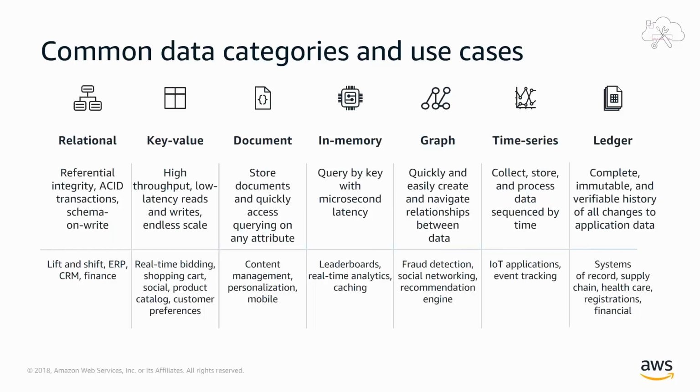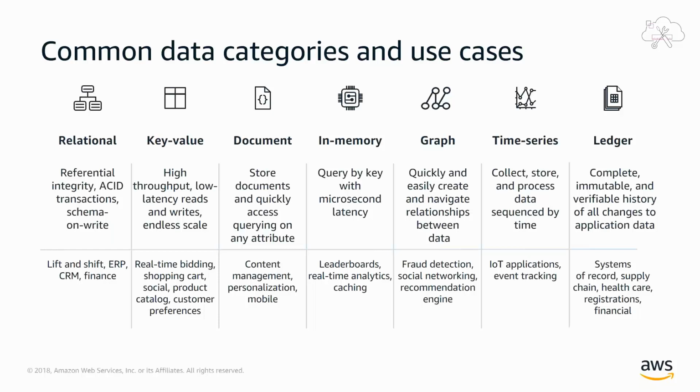It may be a little bit of overkill in some areas because relational databases have features that key values just don't need, and a lot of key value databases can scale a lot easier than a relational database, so maybe it's not even advantageous to use a relational database for that purpose. Document databases, in-memory databases, graph databases, time series, ledger. I won't go into each one of these, but you can see on here what some of the different use cases are for each one of these.